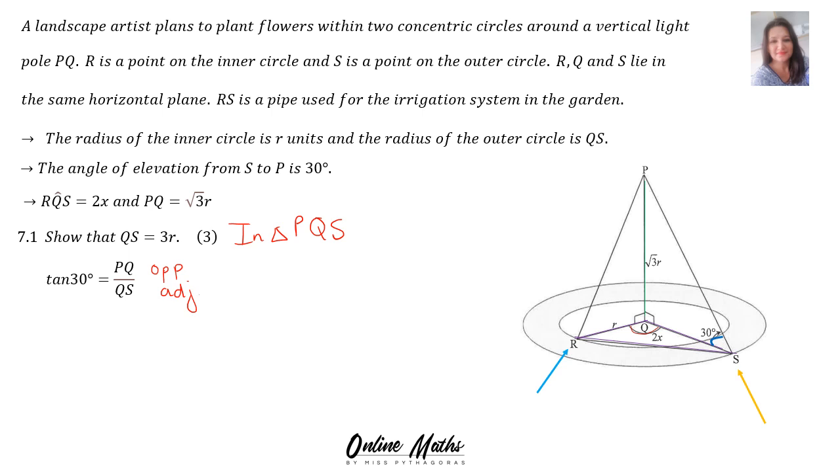The one we're looking for is QS, so we will make QS the subject of the formula, and we know PQ's length is root 3 r. Tan 30 is 1 over root 3, and then we're going to tip and times that one, and we get root 3 times root 3 r, which is just 3r. And then where's the marks? That you knew it was tan 30 and the ratio, the substitution, and the answer.